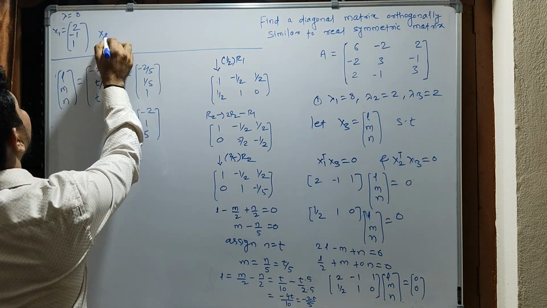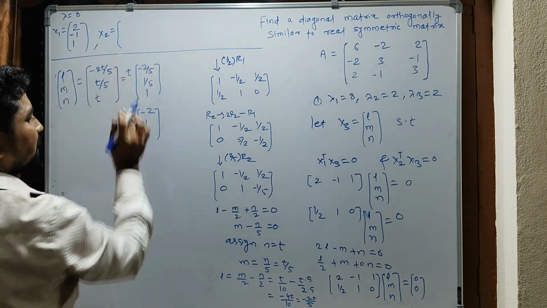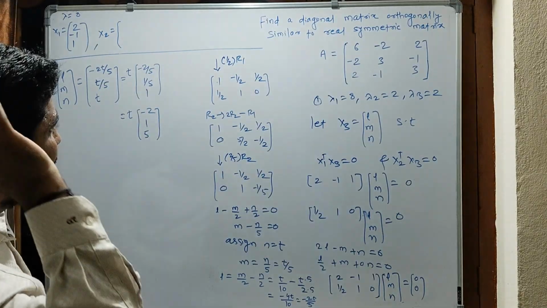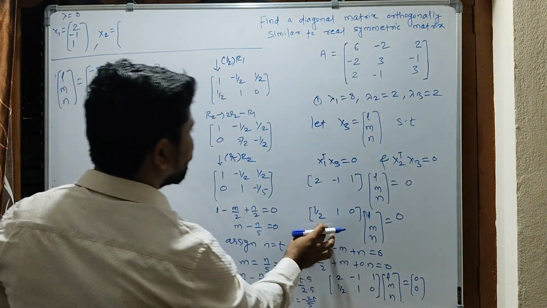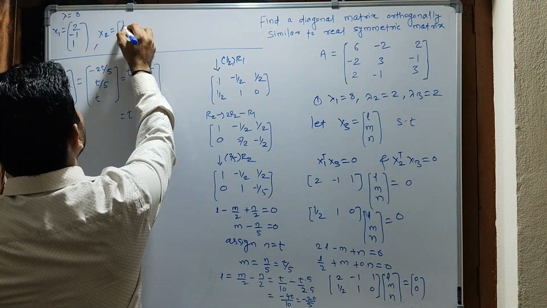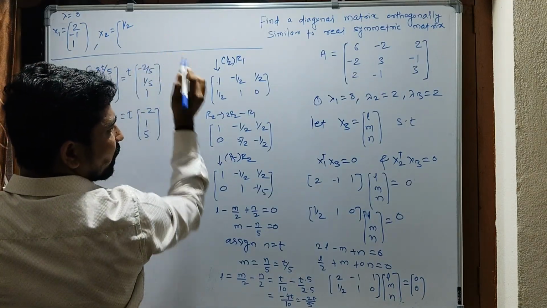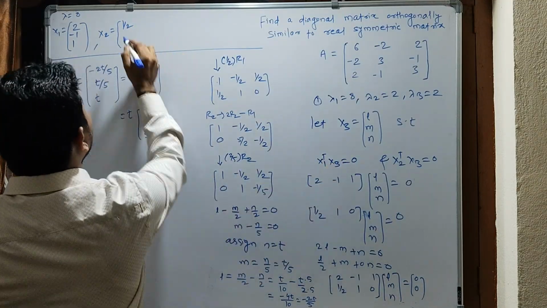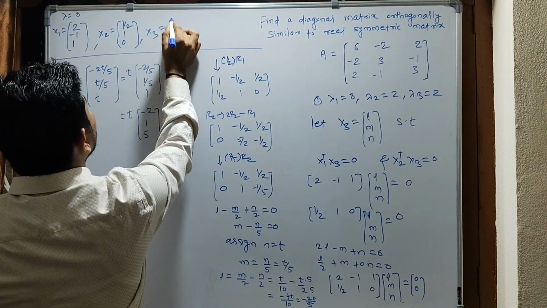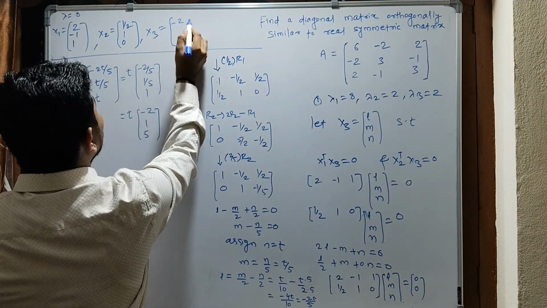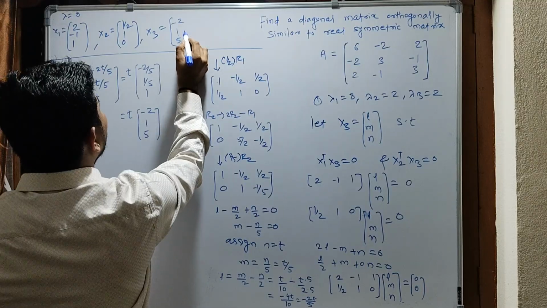Now here I will write x2 equal to, where is my x2? Here is my x2, this one: 1 by 2, 1 by 2, 1, 0, and here just now I found my x3 which is equal to minus 2, 1 and 5.